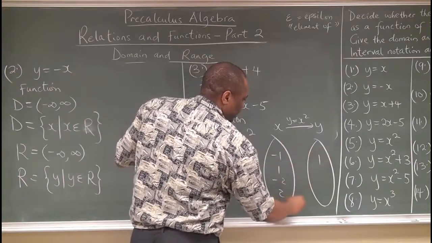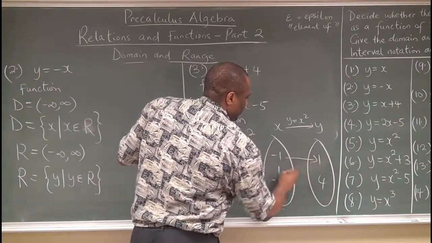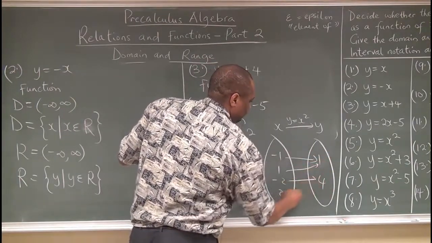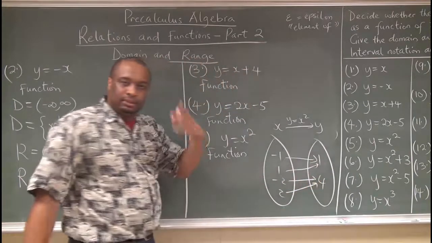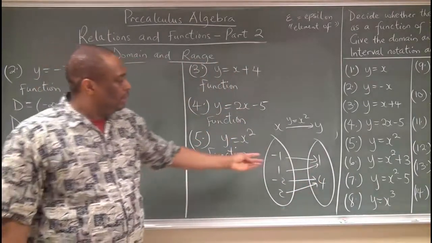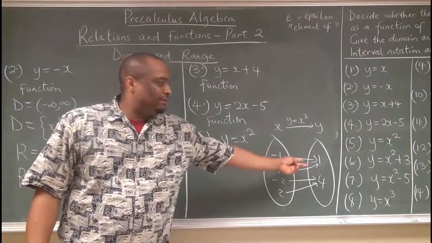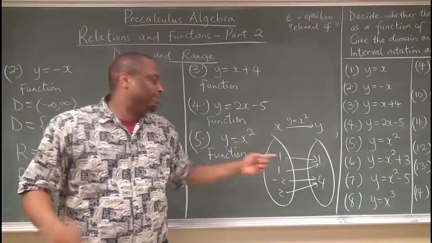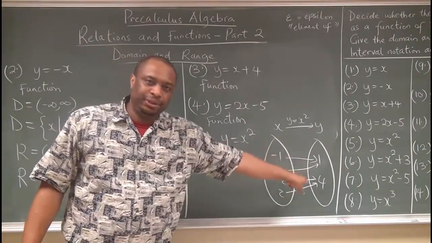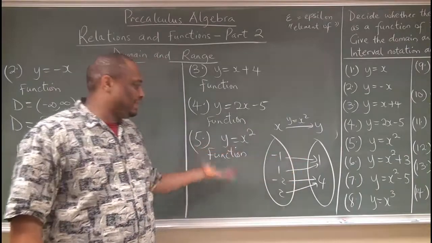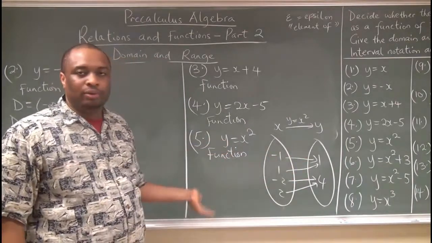Negative 1 and 1 will give you 1, negative 2 and 2 will give you 4. Remember, when we discussed in the first video, two inputs can have the same output, yes, but no input can have two different outputs. So this is still a function. It is a quadratic function.